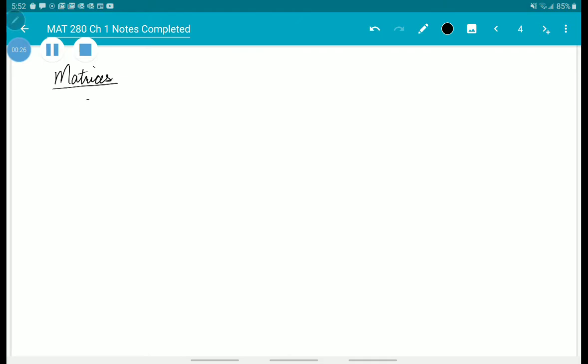So when we talk about a matrix, we usually use these square brackets. And we're going to have numeric entries here, arranged in rows. It's going to look like this. That first row is A11, A12, A13, all the way to A1N.